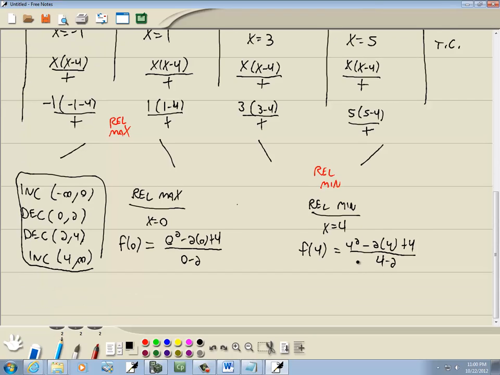These zeros drop away, and we got 4 over negative 2, which is negative 2. So our relative max is at 0, negative 2. Here we got 16 minus 8 plus 4 over 2. 16 minus 8 is 8, plus 4 is 12. 12 divided by 2 is 6, assuming I didn't add or multiply something wrong. So this relative min would be at 4, 6.